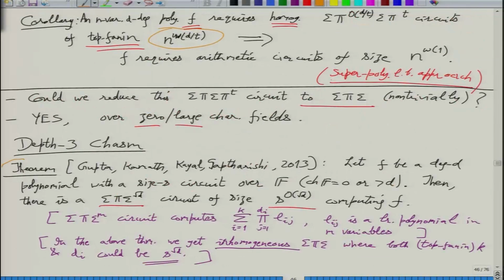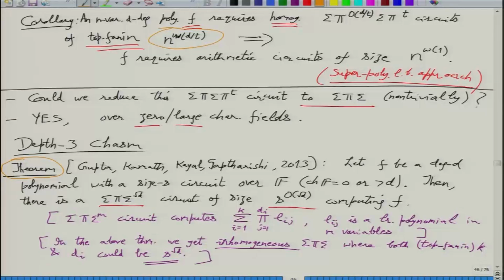Right, so we are in the middle of this proof. We are trying to prove this theorem, which says that if for a degree d polynomial you have a size s circuit, then you can squash that high depth circuit to depth 3.